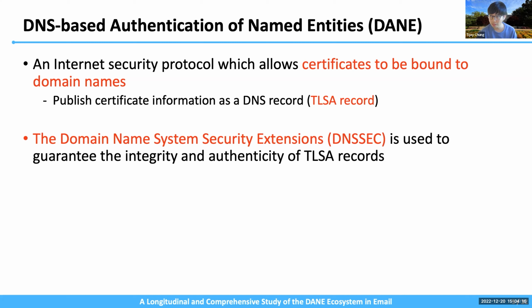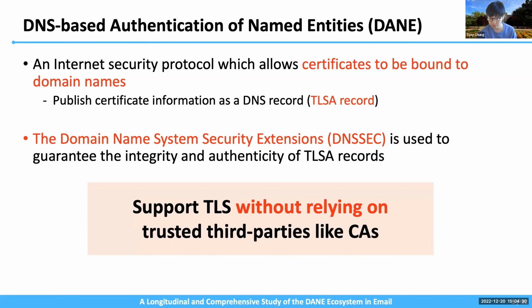Also, to provide the authenticity and integrity of DNS messages, DNSSEC has to be used. It is not optional, it is mandatory, to provide the integrity and authenticity of TLSA records so that we can support TLS without relying on trusted third parties like CAs.